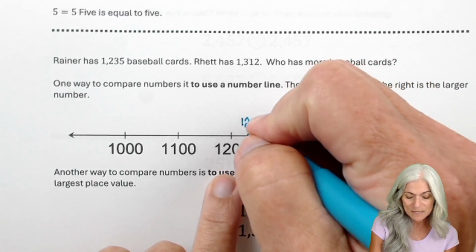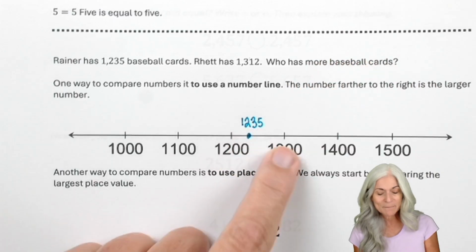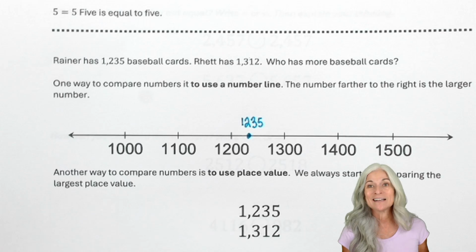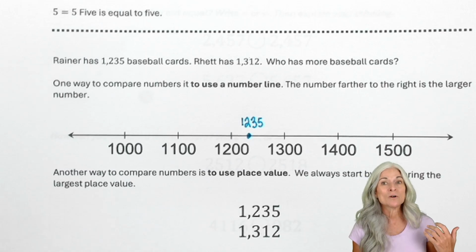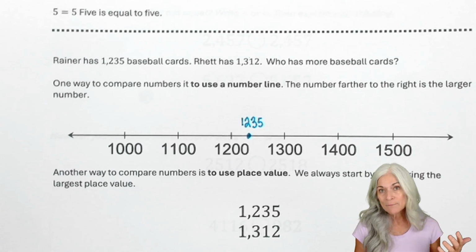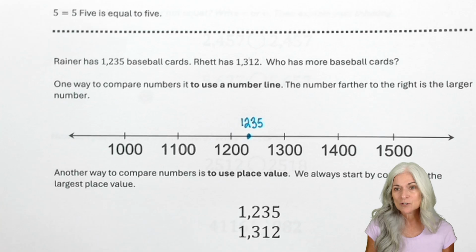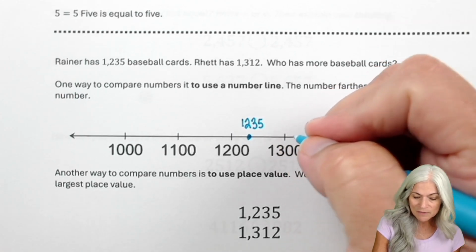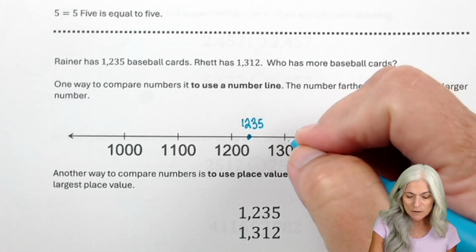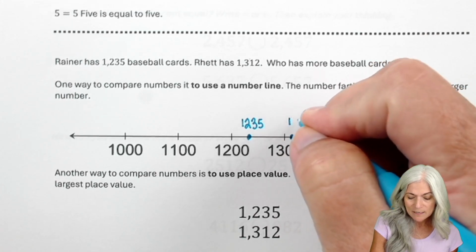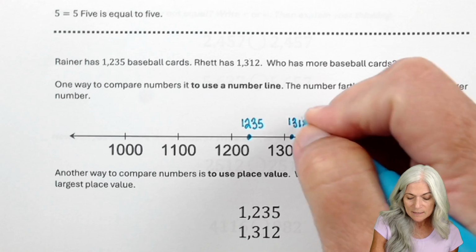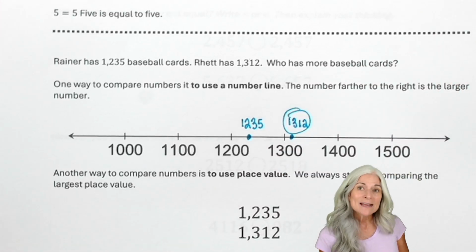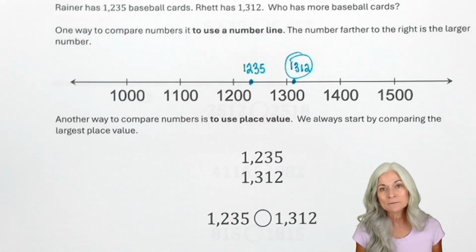Of course, it's not going to be exact, but it wouldn't make sense to put it all the way over here. So those are some things you can work on that will truly help students with their work with number lines. 1,312. We know 1,312 would be just a little bit past 1,300. So we can see the one further to the right is the 1,312.